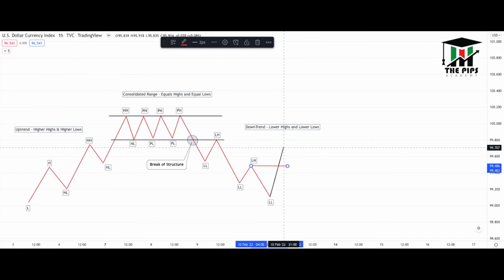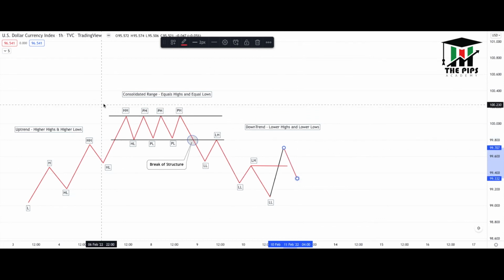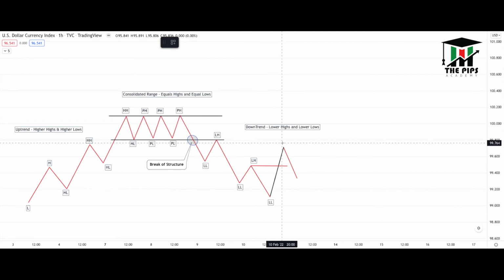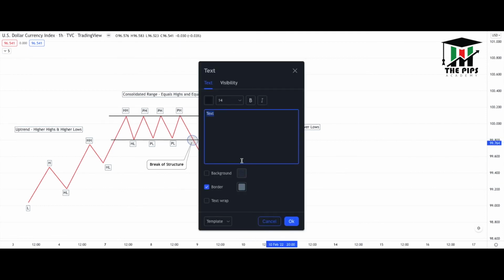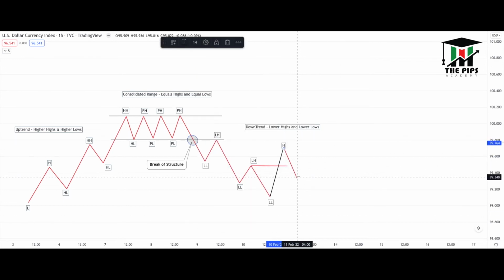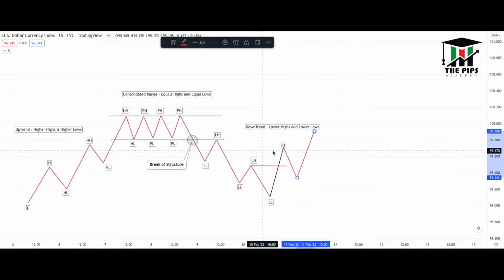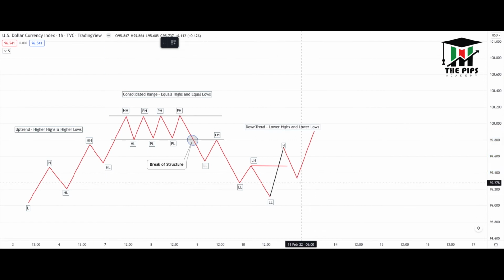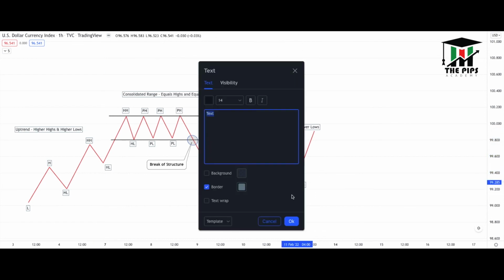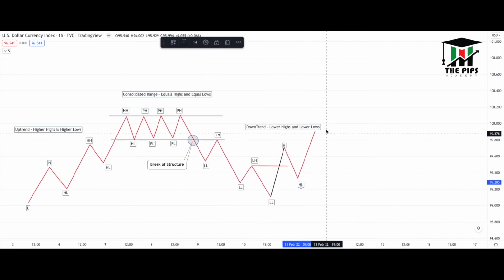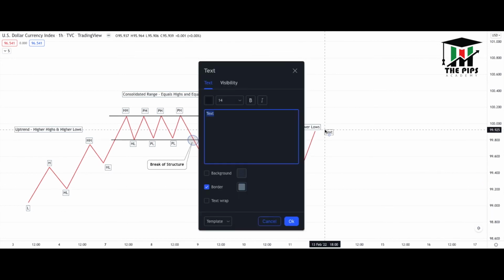Now, price will give us a pullback or retracement, and from there, producing a high. And then from here, it'll go up. So we can look at this as a higher low and a higher high.